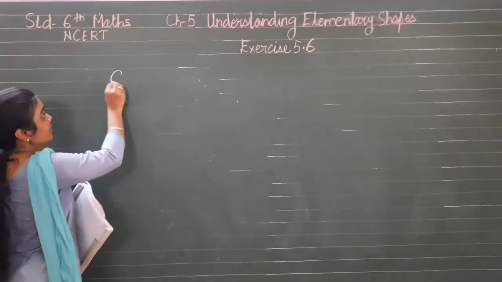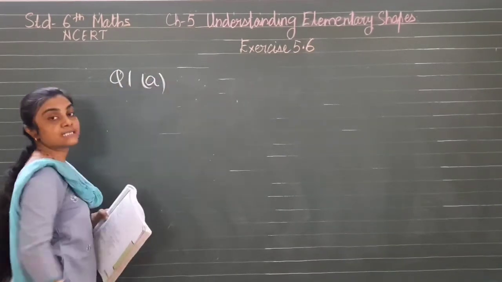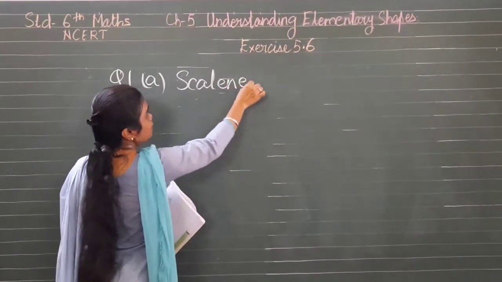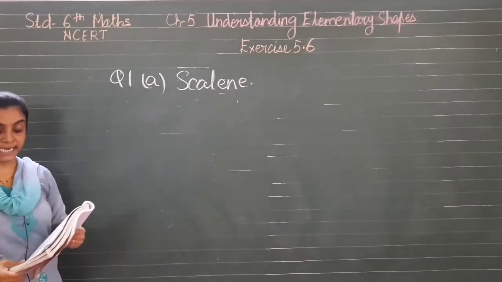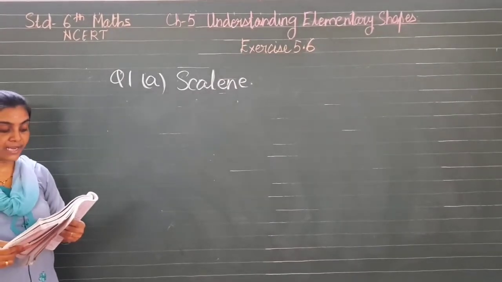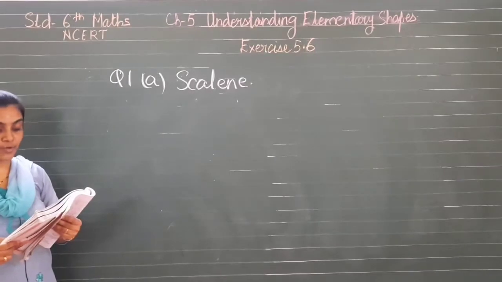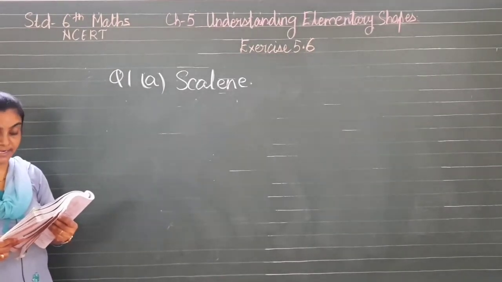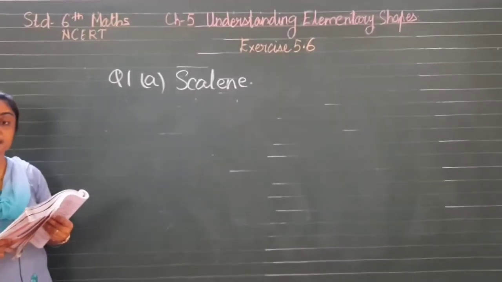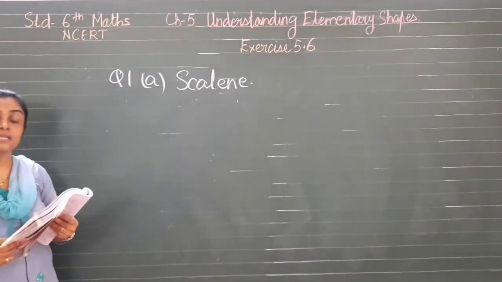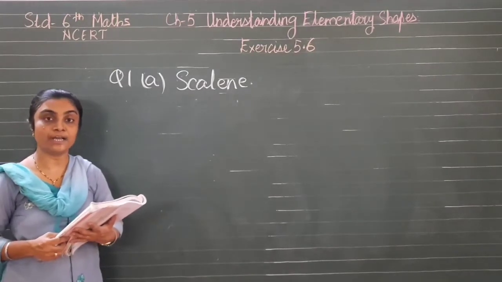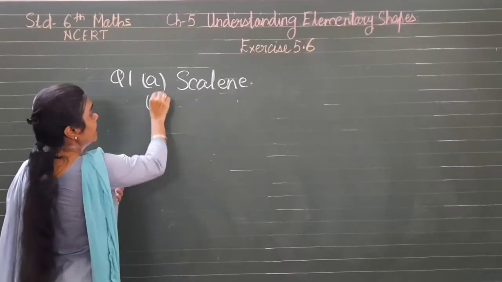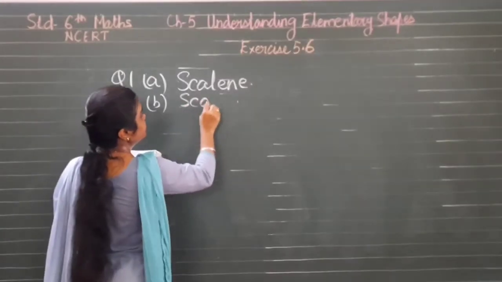If all the sides are different, then it is called a scalene triangle. So the first answer is scalene. B: triangle ABC with AB equal to 8.7 cm, AC equal to 7 cm and BC equal to 6 cm. Again all the 3 sides are unequal, so again it will be a scalene triangle.